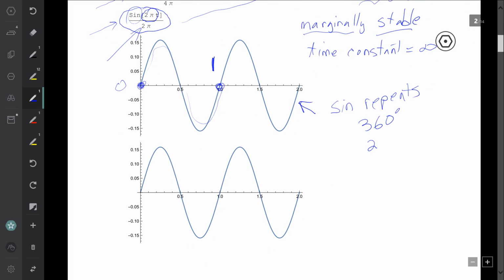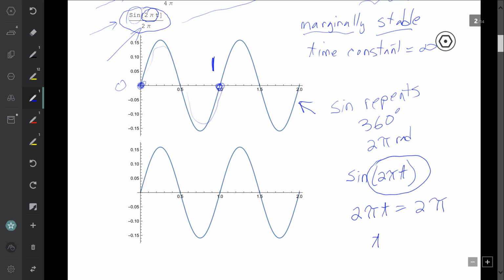360 degrees is 2 pi radians. So the sine and cosine will repeat every 2 pi radians. And so what I have here is a sine, and the number is 2 pi times time. That's the solution. So this thing will repeat whenever this thing goes every 2 pi. So what time will that be? 2 pi times t equals, when is it 2 pi?